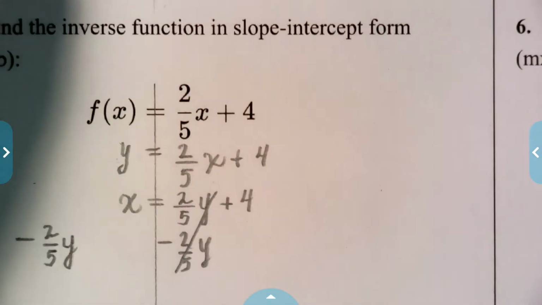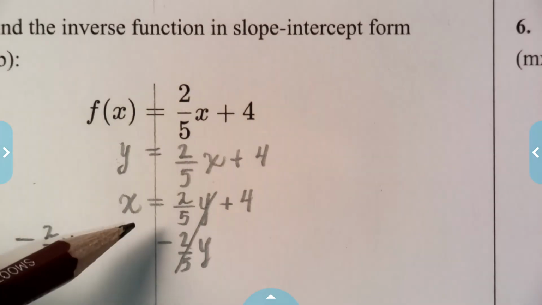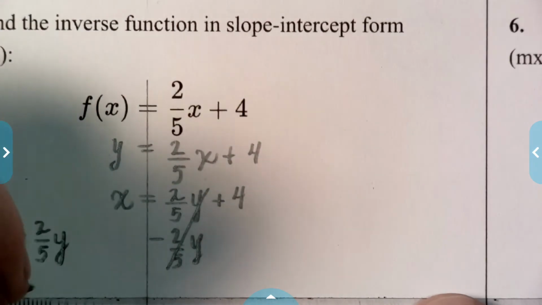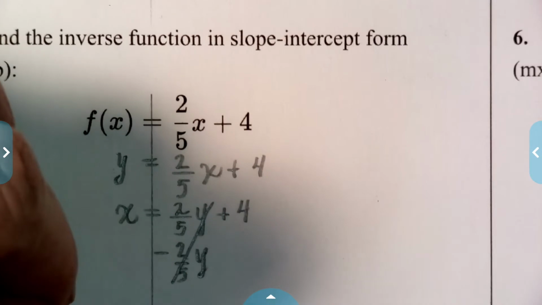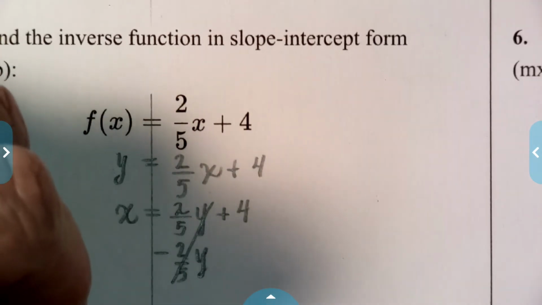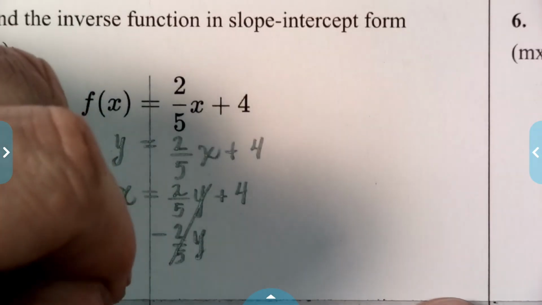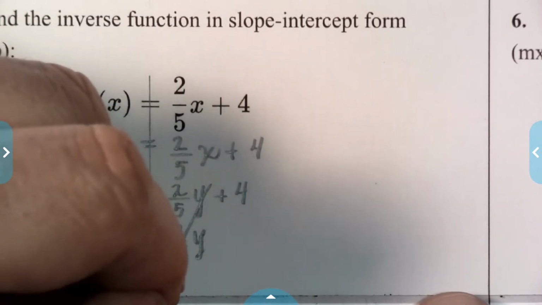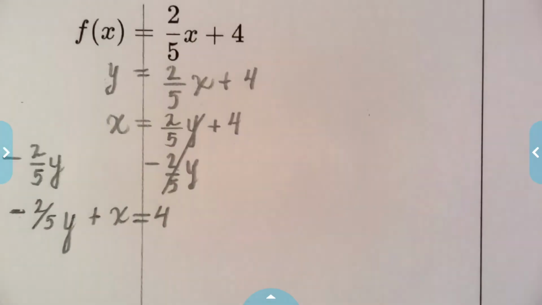When we clean this up, it's going to say negative 2/5 y plus x equals 4.